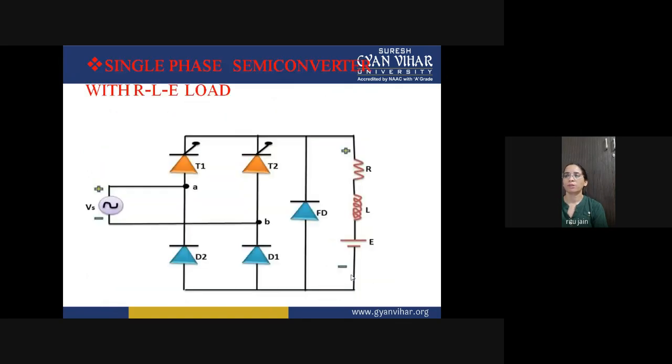with an RL load. Now let's start with another circuit in which the components are the same, two SCRs and two diodes. One additional diode which we are using is the freewheeling diode, and the load is RLE, resistance, inductor, and this is your battery.